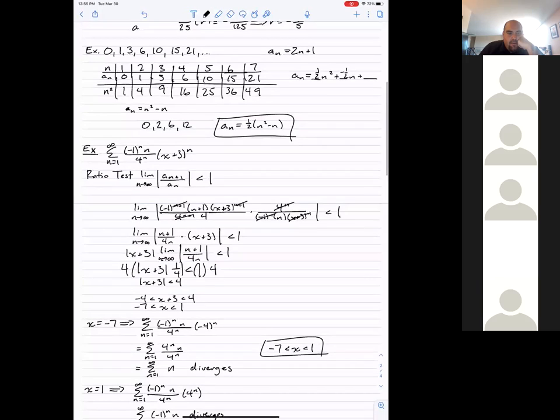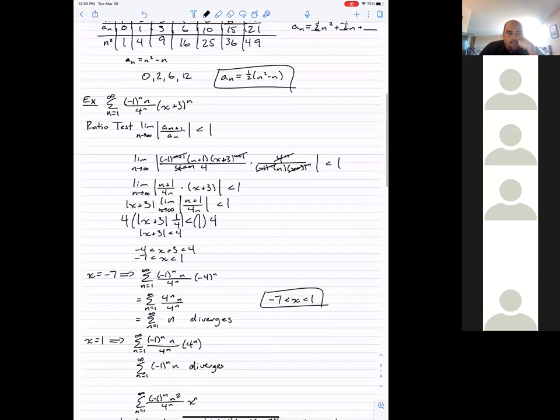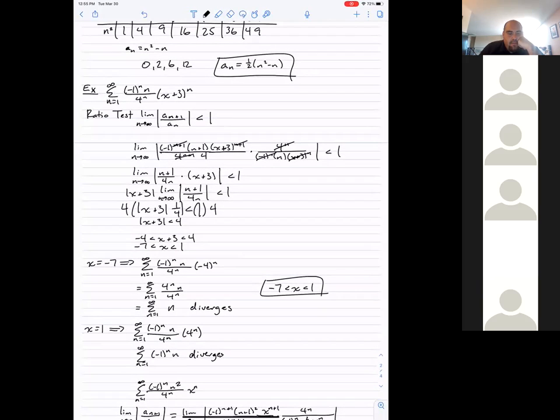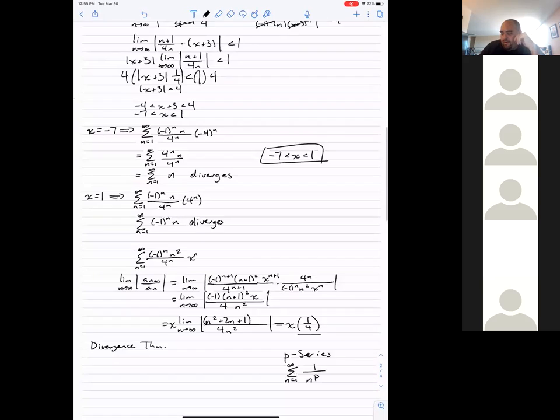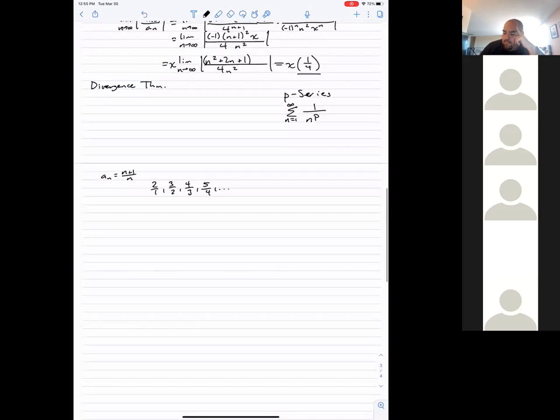If I did, that was an error. Oh no, they wouldn't cancel. But if you let n get ridiculously large, then that essentially becomes 1. The limit of this sequence is 1. And that's what I was highlighting here.